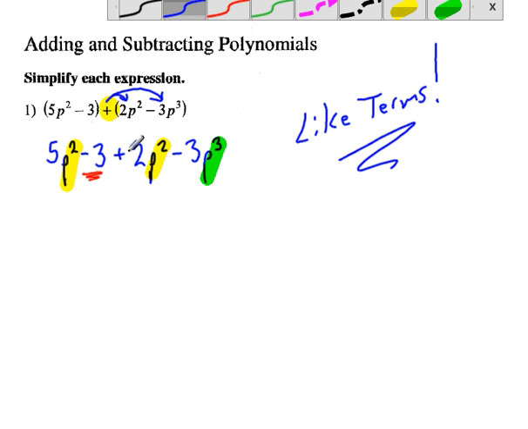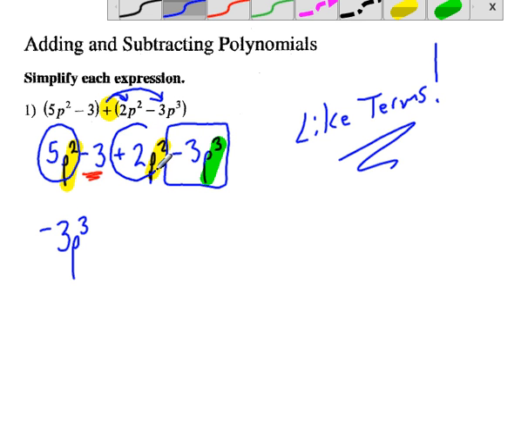And you'll see how that works when we write our answer. So what I'm going to do is combine, starting with the highest term, negative 3p to the 3rd. Now I don't have another p to the 3rd term, so there's nothing to change the coefficient. It's going to stay the same. Now I can also combine 5p to the 2nds with a positive 2p to the 2nds.